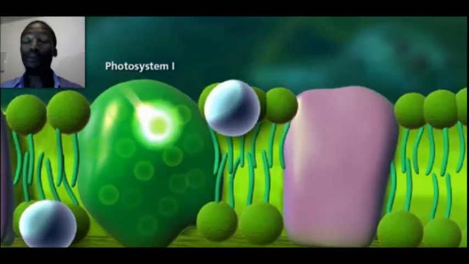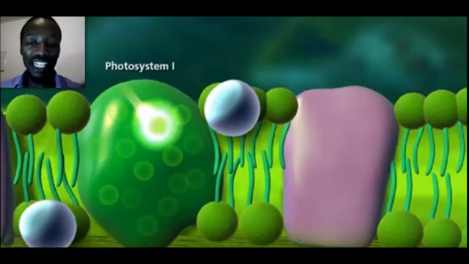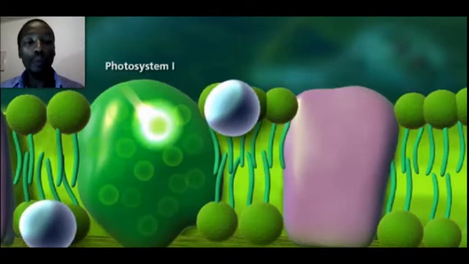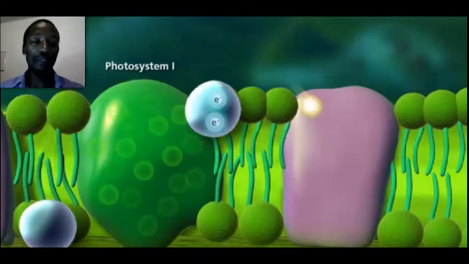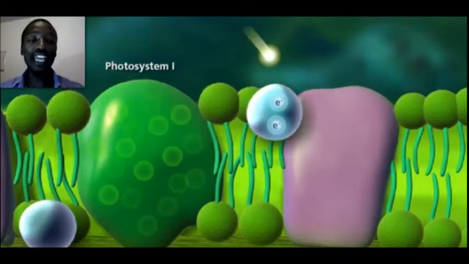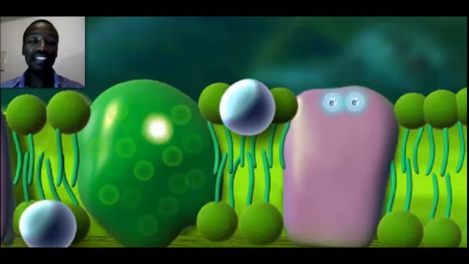The same process applies in photosystem 1 as it applied in photosystem 2. You need that special chlorophyll for the high energy electrons to be passed on without losing their energy. They get passed on into the next component of the chain, which is our protein complex, which passes them through to another agent of ours.